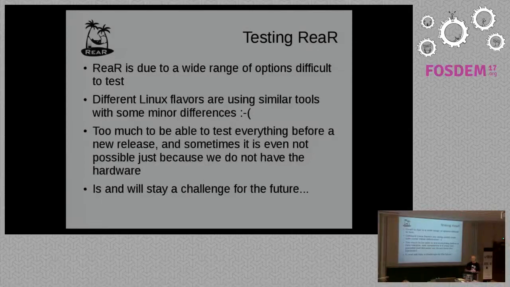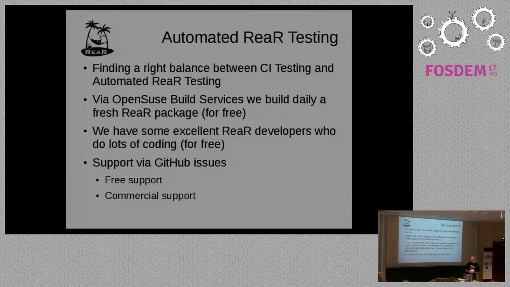But we try to overcome the first levels, so to speak, and get some automated testing done. So it's always finding the right balance between continuous integration, continuous development, and continuous testing.